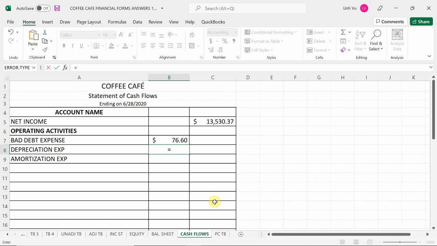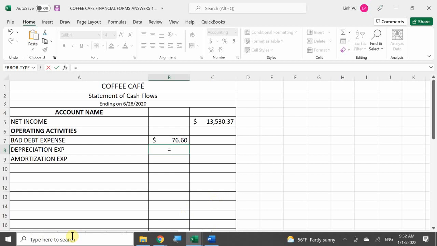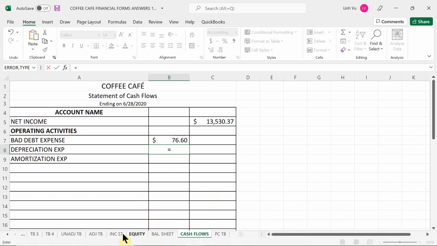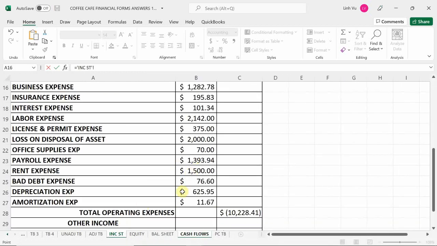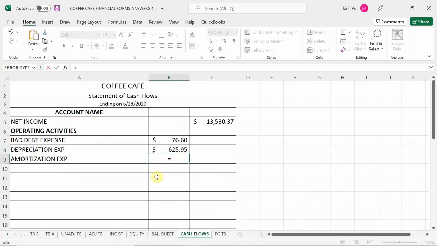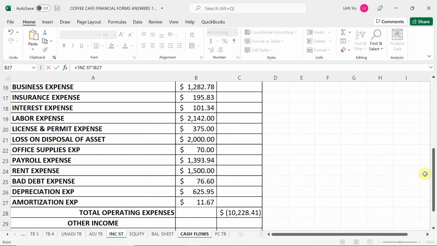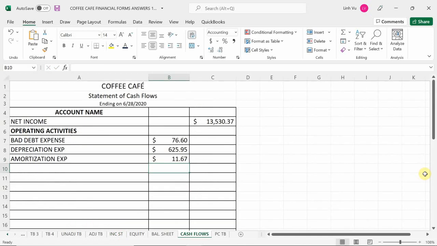So we need to add back the depreciation of 625, and then we need to add back the 1167. So we have to add it back into the net income because we never spent it.